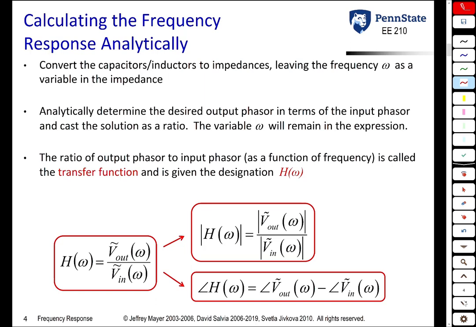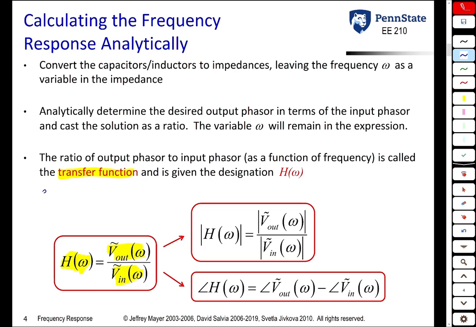Then what we could do is come up with an analytical equation to determine the desired output phasor, output voltage, output current, etc. in terms of the input phasor, and then cast the solution as a ratio, output phasor over input phasor. And what we're going to see is this variable omega will remain in the expression. We call this ratio of output phasor to input phasor a transfer function and give it the designation H of omega.